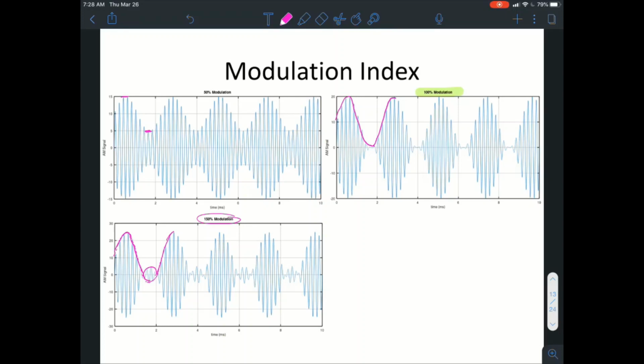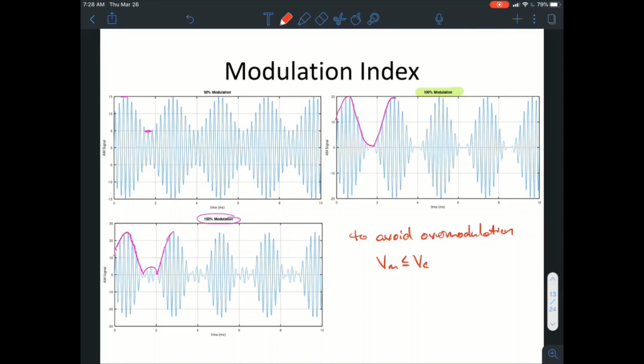When it's extracted on the other side by the receiver, this is the waveform that's going to be extracted, and that's a clear distortion in the signal, which makes it hard to extract the information appropriately. To avoid overmodulation, capital V sub M should always be less than or equal to V sub C.